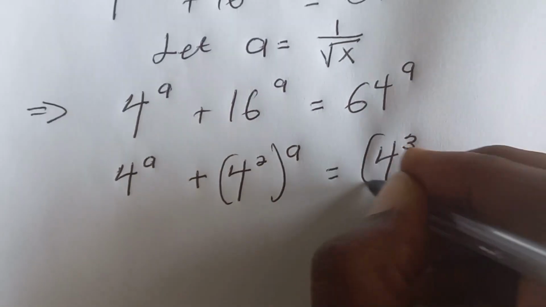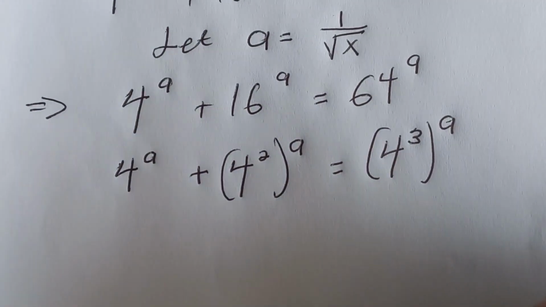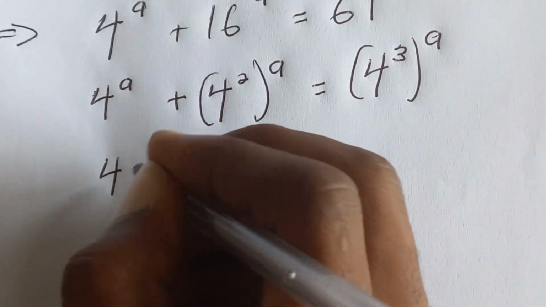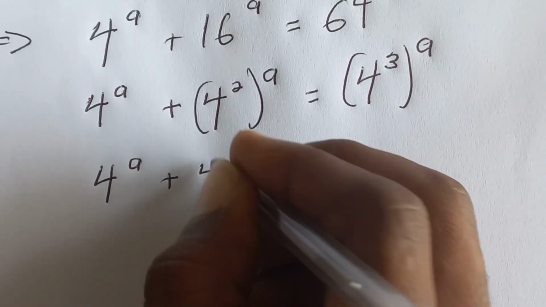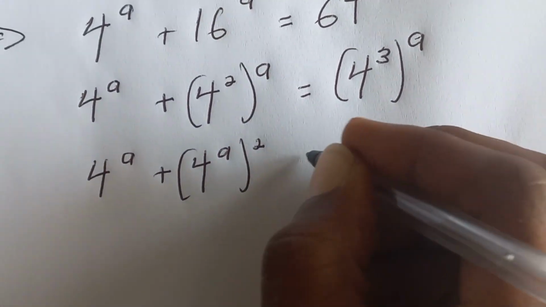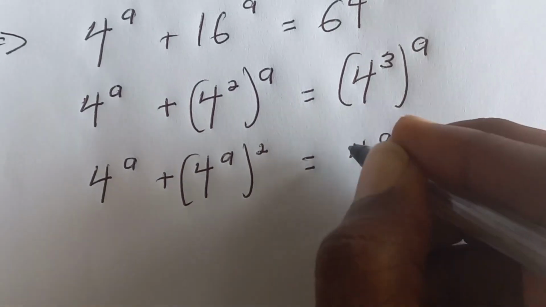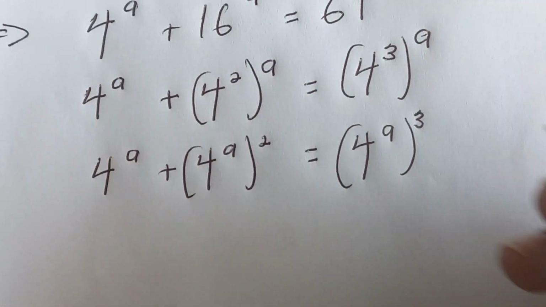cubed, going to bracket exponent a. So with this, you can say that 4 exponent a plus (4 exponent a) bracket squared is equal to (4 exponent a) bracket exponent 3.